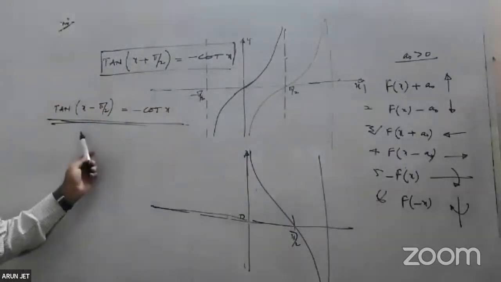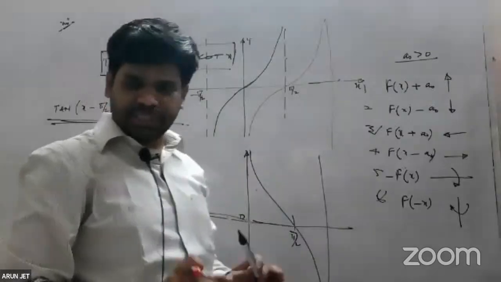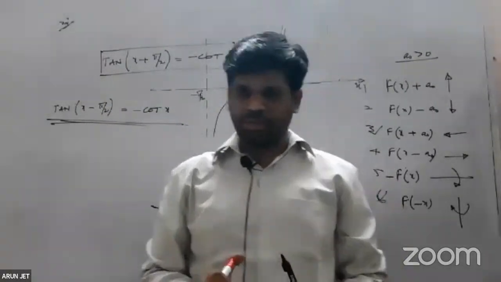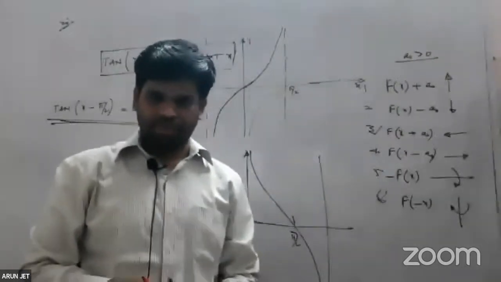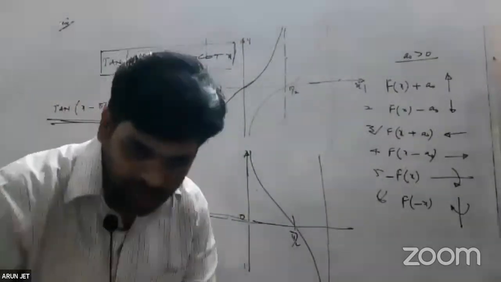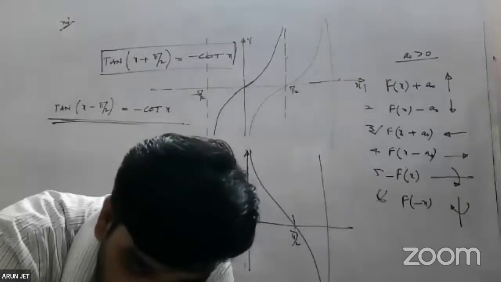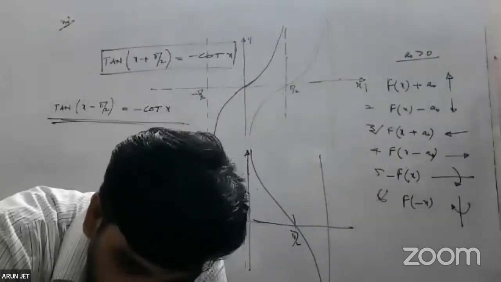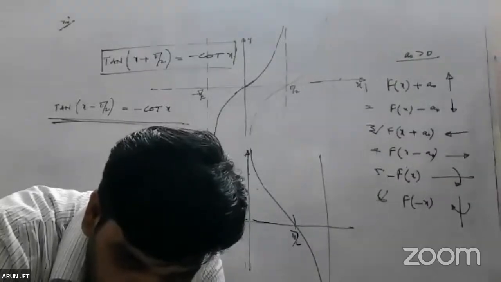Is this clear, students? Tan of x minus pi by 2 is equal to minus cot x. Is this clear, everyone? Okay. Jyoti says yes. Gayatri says yes, sir.